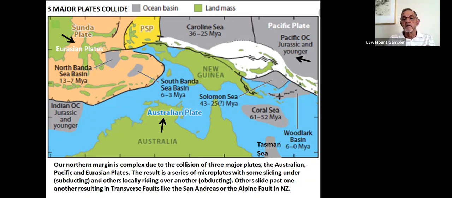Behind it, there are collapse zones or spreading zones, such as the Woodlark Basin, which has only very recently been expanding in the last 6 million years. Prior to that, the Coral Sea between mainland Australia and the subduction zone expanded significantly in the region about 55 to 60 million years ago.